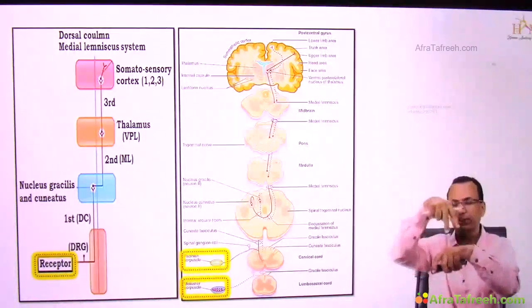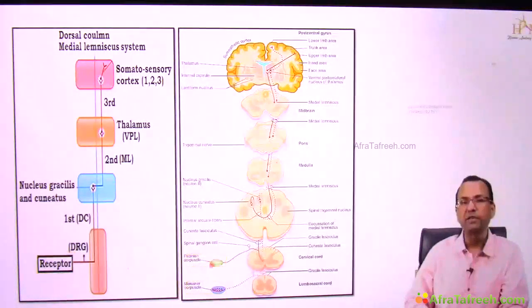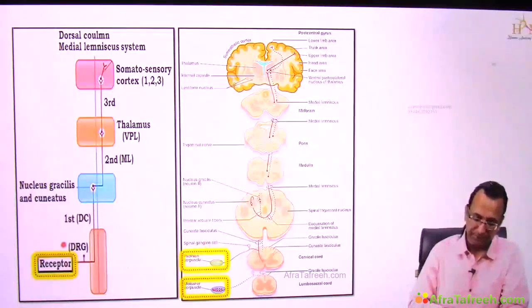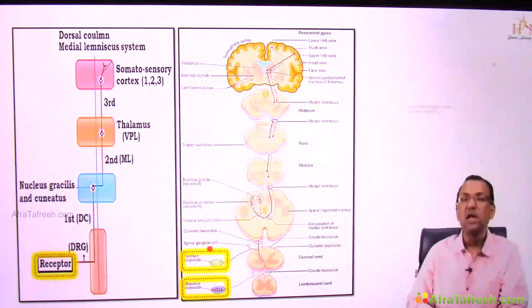And what is the Pacinian corpuscle for? Pressure, and not only pressure but also vibration. So the receptors here are Meissner for 2-point discrimination and Pacinian corpuscle for pressure and vibration.